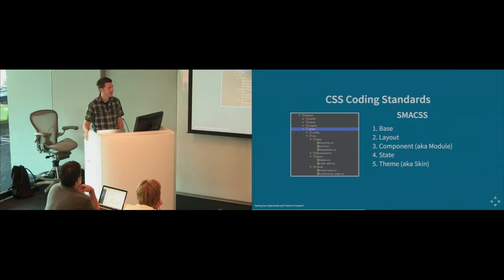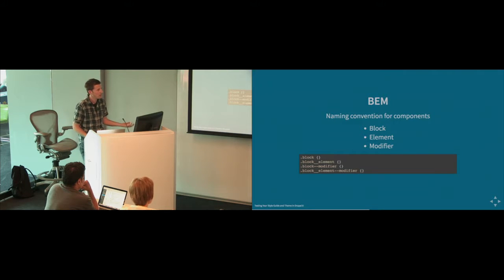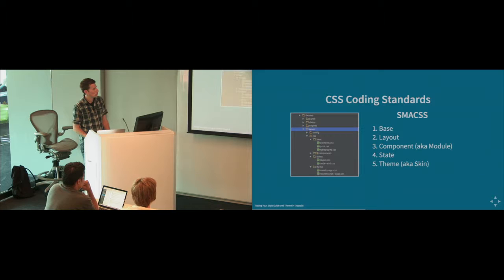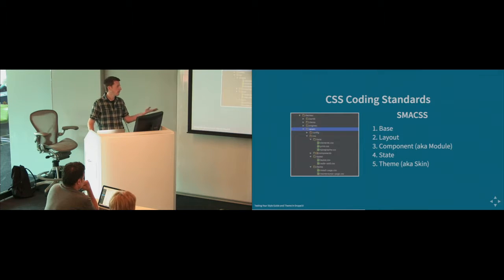I can't quite remember what it is. So we'll refer to it as component. Then there's also state and theme. When we look at the next thing, the BEM naming convention, it makes those a little less important. I find myself relying on those and dividing those out less and doing more in the component.